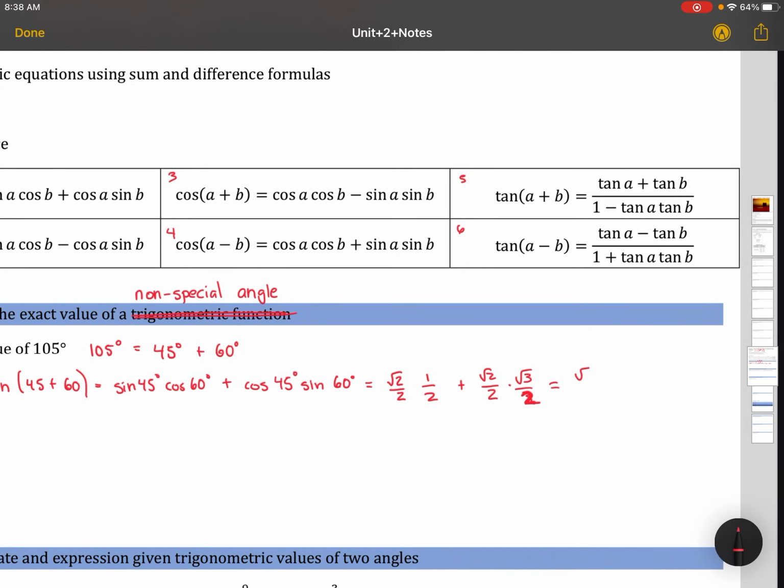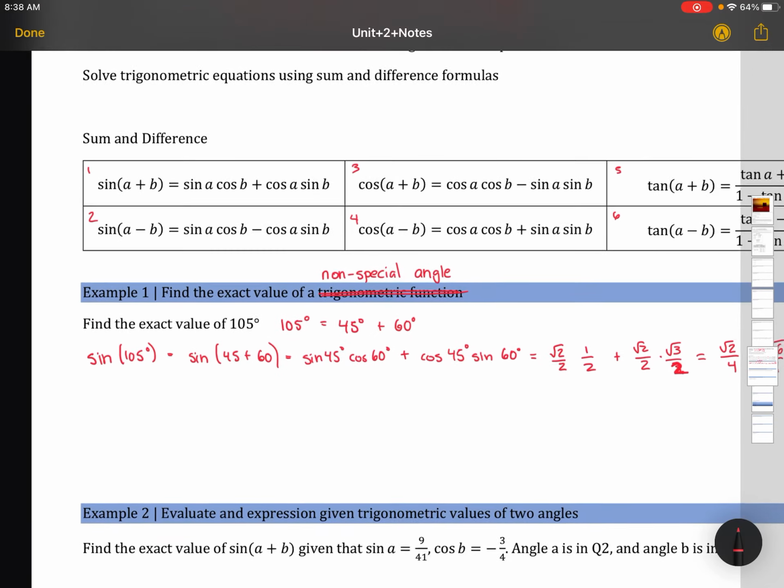So if you simplify, that's just going to be the square root of 2 divided by 4 plus square root 2 times square root 3, which is the square root of 6 divided by 4. So you can simplify this to be the square root of 2 plus the square root of 6 divided by 4. And that is not the square root of 8. This is as far as we can simplify that.